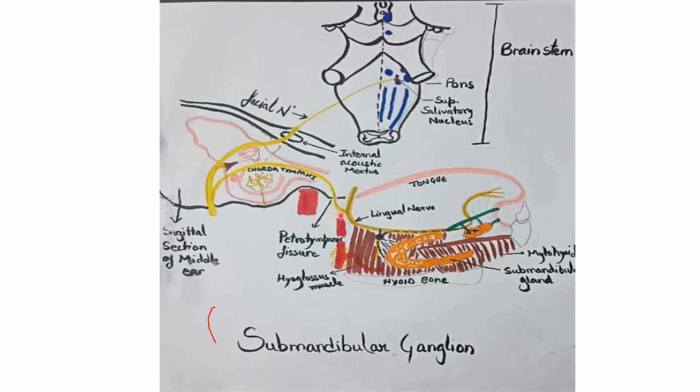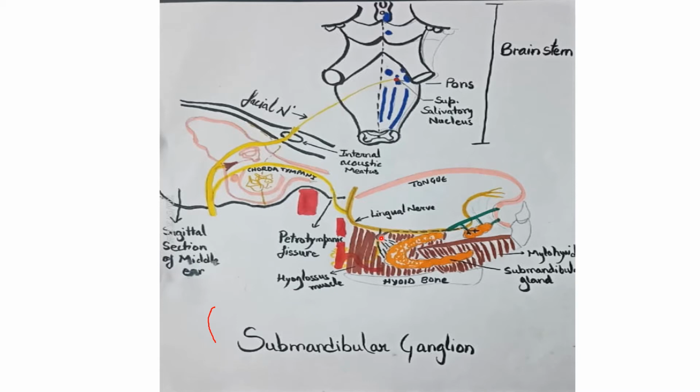After coming out through the petrotympanic fissure, it joins the nerve fibers of the lingual nerve. So the chorda tympani joins the lingual nerve, and through the lingual nerve, fibers from the superior salivatory nucleus enter through the posterior root into this black dot, that is your submandibular ganglion.